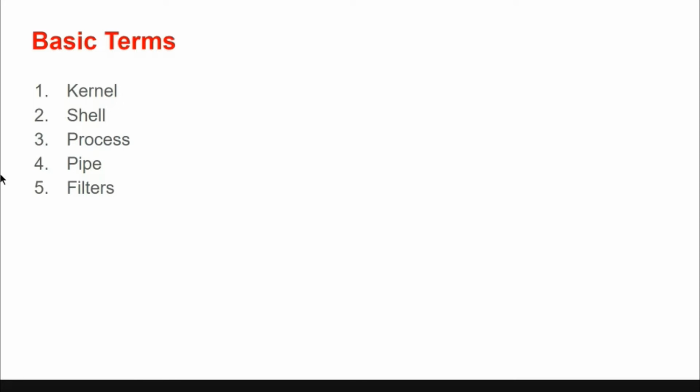And then what are pipes? So actually, we know that the pipe is a form of redirection that is used in Linux to send the output of one program to another program for further processing. And this pipe is represented by one single bar.